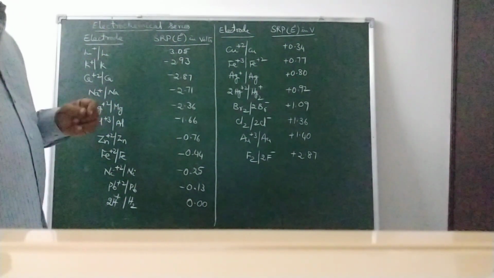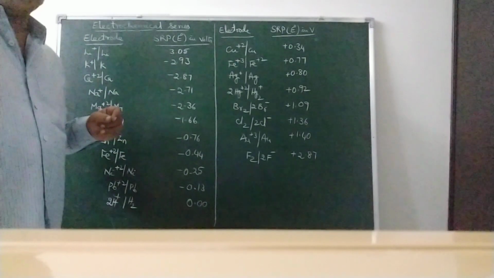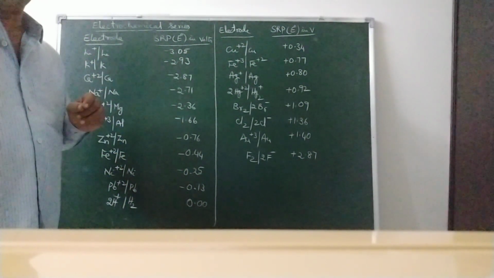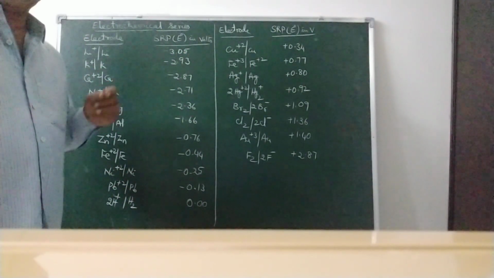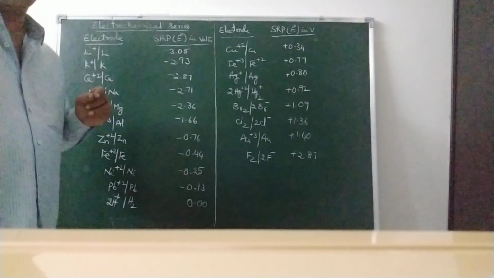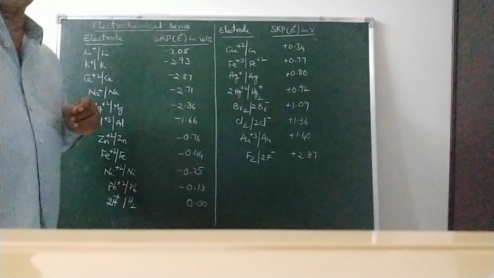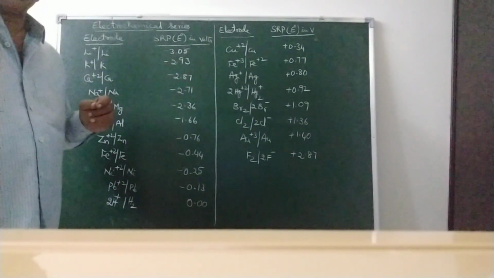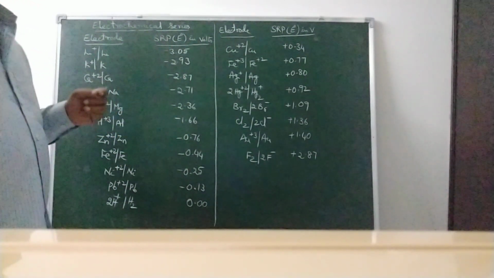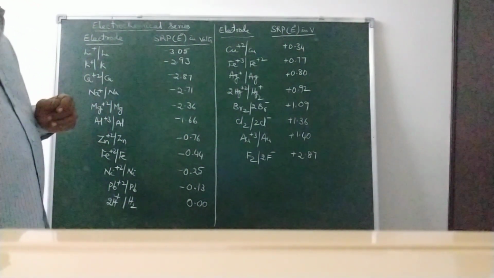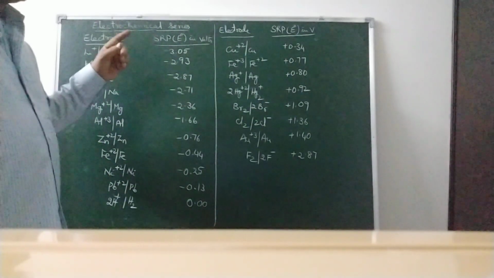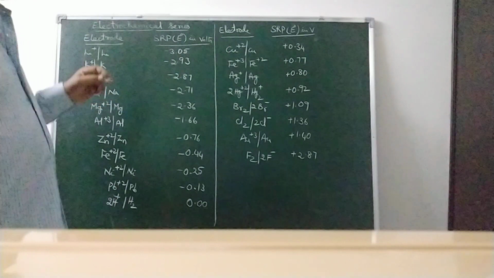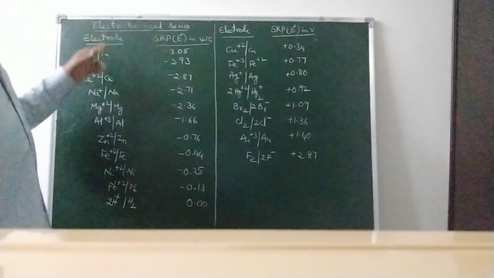In the IUPAC system, whenever we take electrode potential, it is nothing but reduction potential. If all the electrodes are arranged in increasing or decreasing order of their standard electrode potentials or standard reduction potentials, then it is called the electrochemical series.